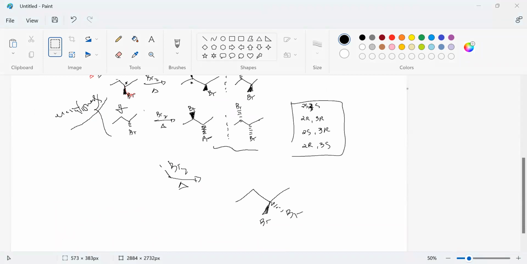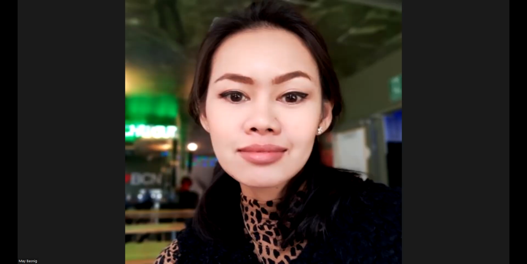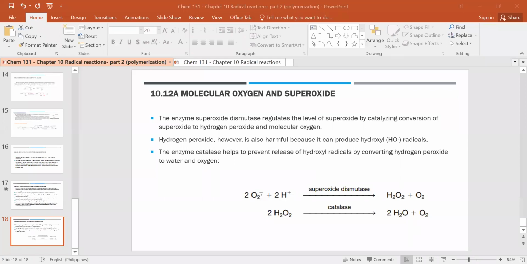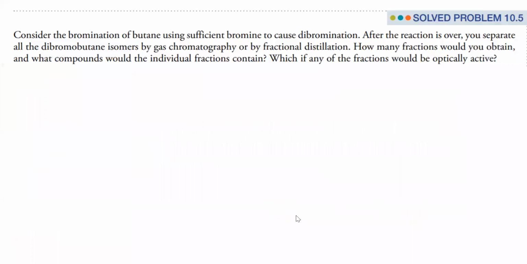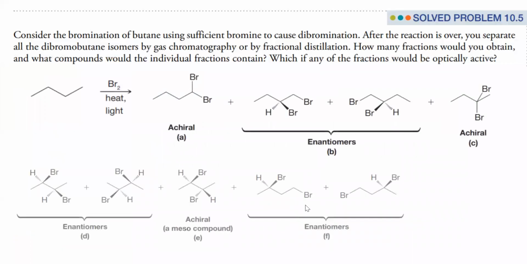Let's look at 1, 2, 3, 4, 5, 6. 1, 2, 3, 4, 5, 6.